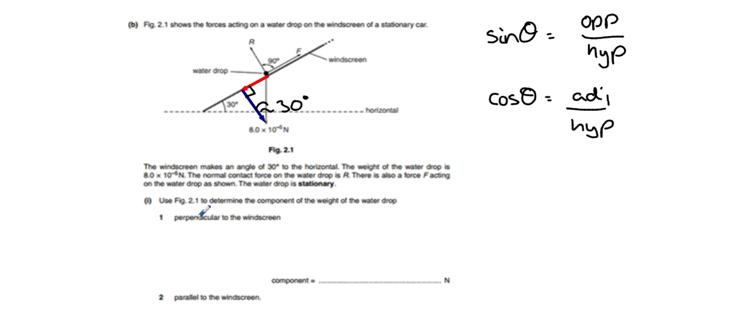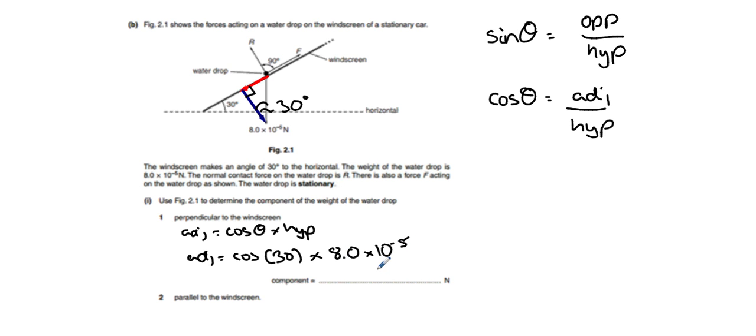So adjacent equals the cosine of the angle times the hypotenuse, and therefore adjacent equals cosine 30 times the hypotenuse, which is 8 times 10 to the minus 5. If you plug that into your calculator, you'll get 6.9 times 10 to the minus 5 newtons.